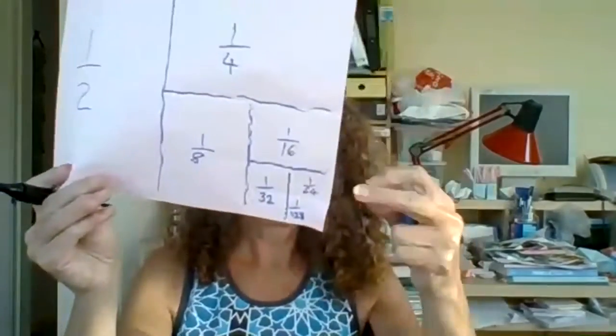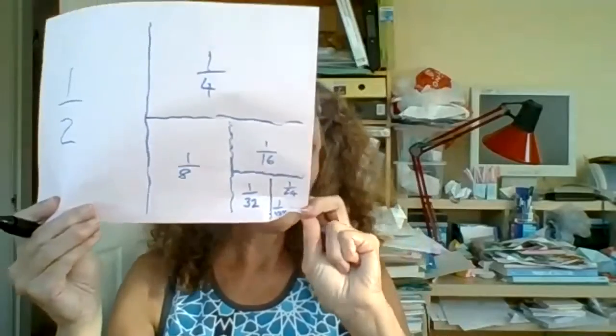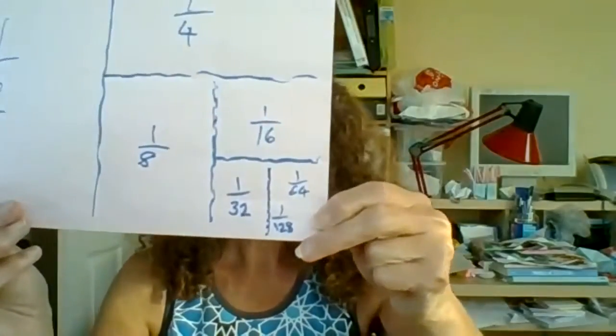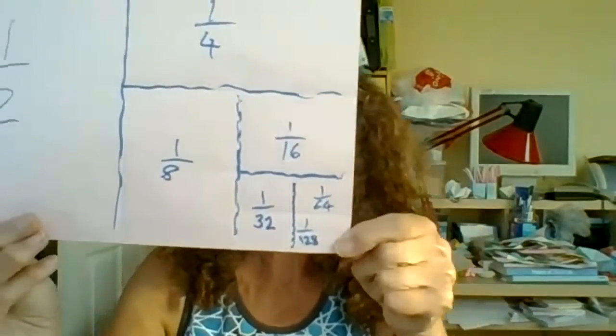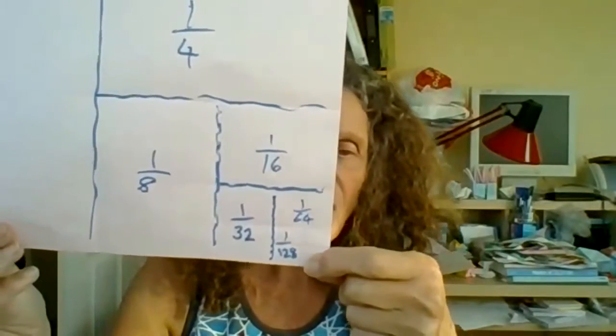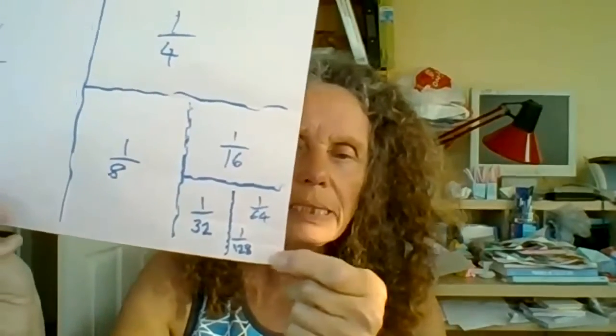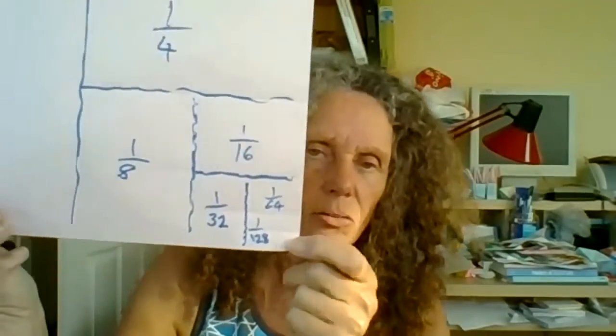Repeat again. So I think that'll be 128. Repeat again. I'm not going to write that one in, but hopefully you get the idea. I can keep going. There's always going to be some little tiny bit that can be halved.